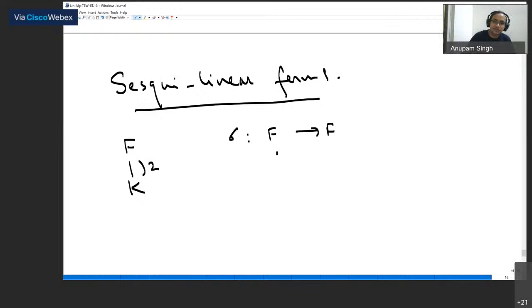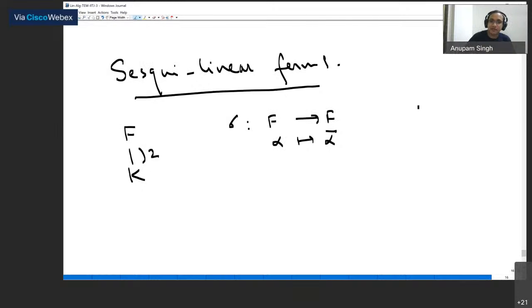And this automorphism we will simply denote by alpha going to alpha bar. The classic example of this situation will be F is the complex numbers, K is the real numbers, and this is complex conjugation. So we begin with a situation where I have a field F with an automorphism of order 2. You need not write K. You can just say that I have a field with an automorphism of order 2.